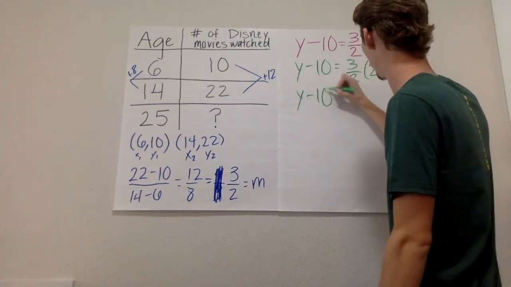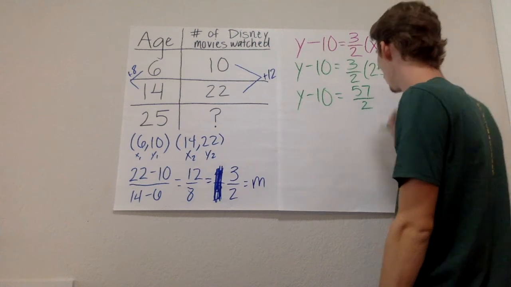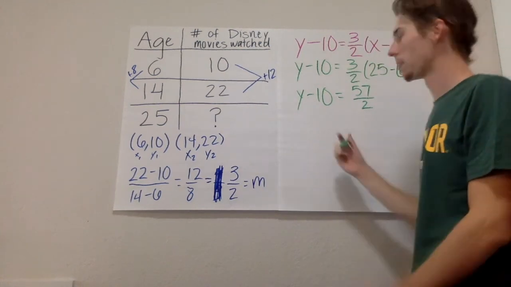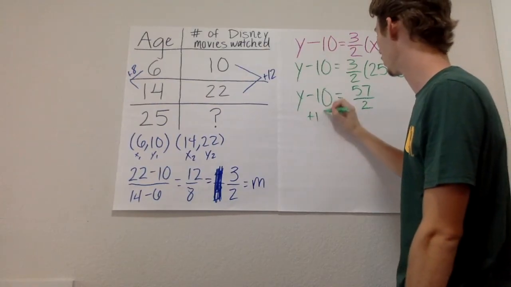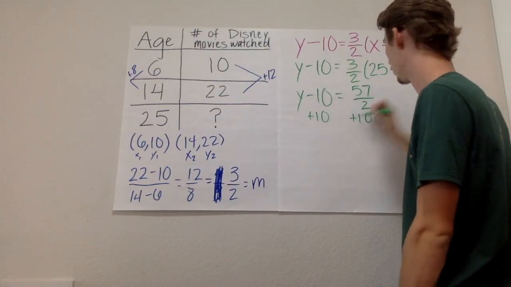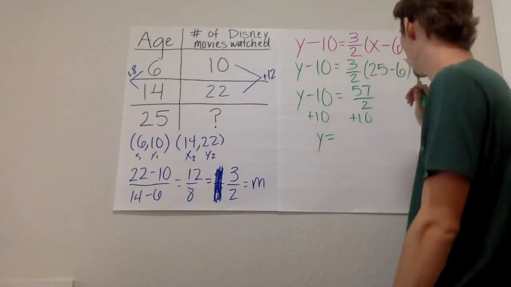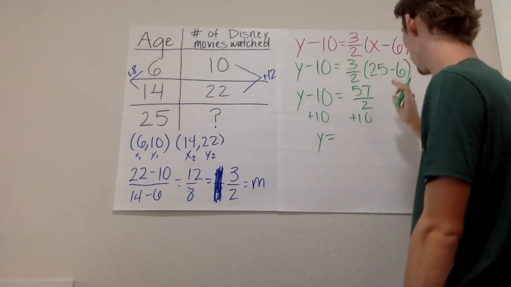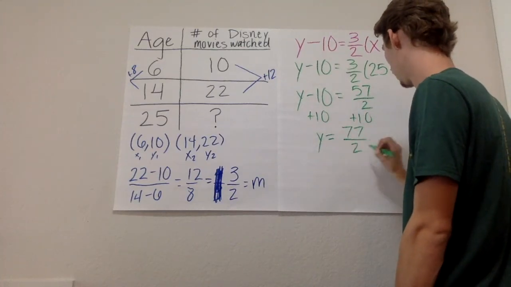So I'm going to write y minus 10 is 57 over 2. And then to get y by itself, I'm going to have to add 10 to both sides. So y equals 57 over 2 plus 10, which is going to be 77 halves.